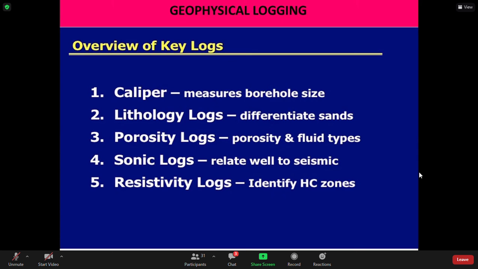What about compaction? Can it help us in the area of compaction? Maybe this area is unconsolidated. Can it help us in that area? Yes, ma'am. Based on the travel time from the sonic tool to the formation and back again. Okay. So what will be the kind of response when we have a consolidated formation compared to an unconsolidated formation?